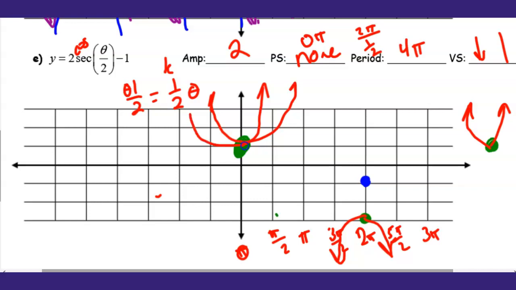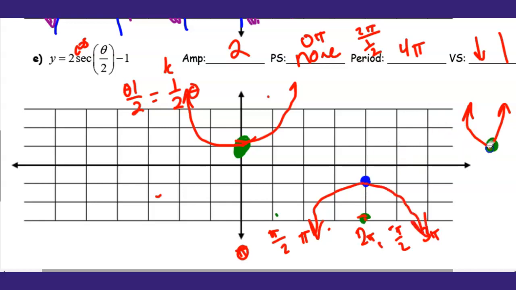It's 2 pi because it's half of a period. There we go. There's my asymptote.